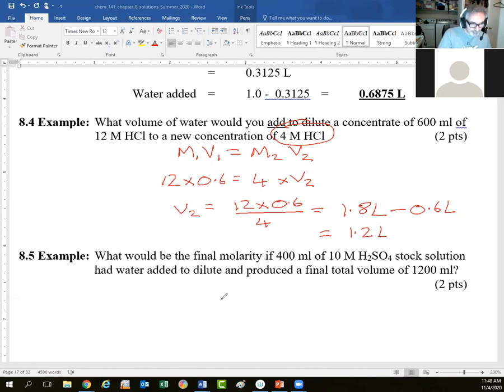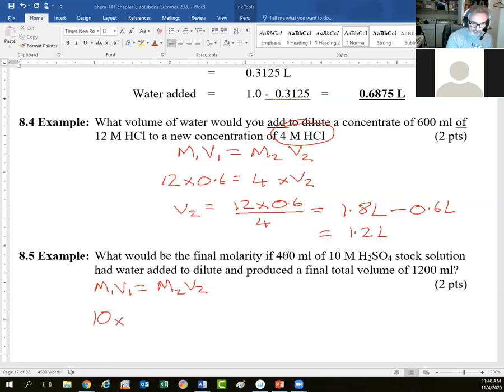Let's see, second one. What would be the final molarity for 400 milliliters of 10 molarity stock if we had water added to dilute to a final volume of 1200 milliliters? Okay, a little bit different. So this time M1 times V1 equals M2 times V2, of course. We are looking for the final molarity. We've got the initial molarity, which is 10.